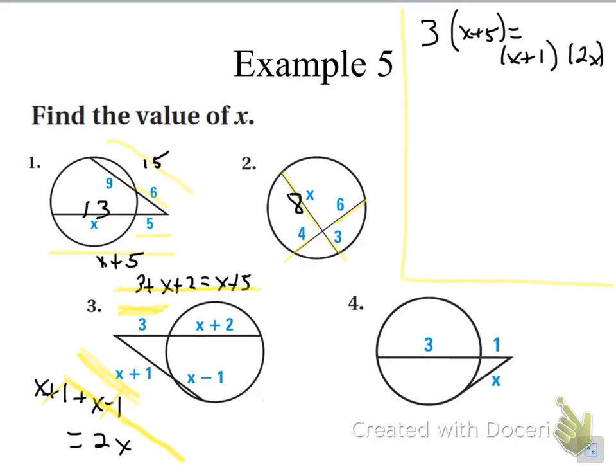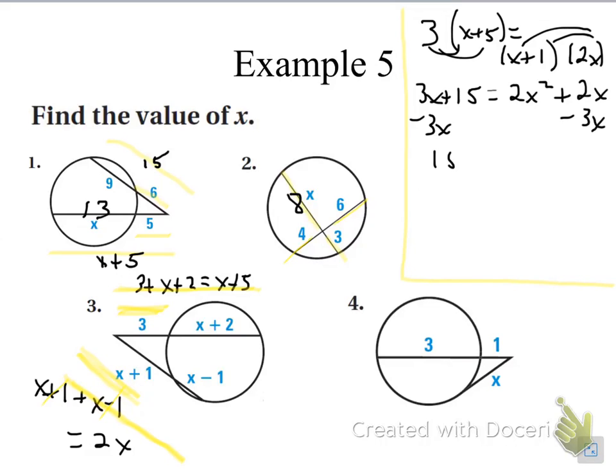Okay, so we're going to distribute: 3x plus 15 equals, distribute, 2x squared plus 2x. I'm going to get everything to one side and set it to 0.